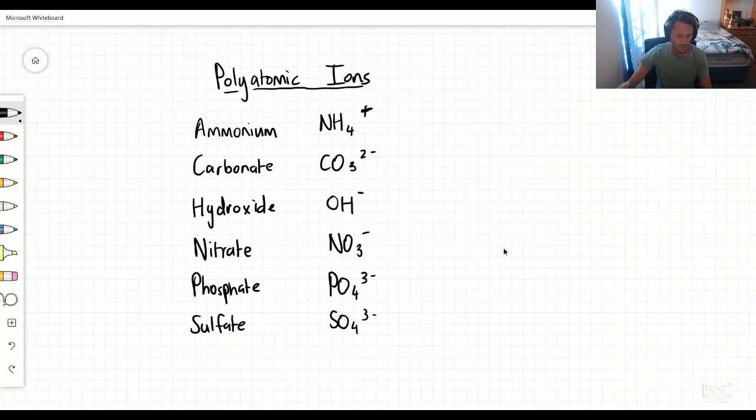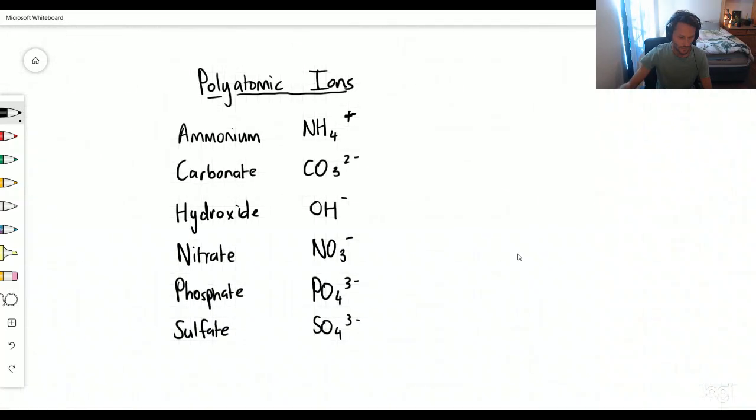Okay, so let's do an example of a chemical formula. They say, I want you to give me the chemical formula of ammonium nitride. Okay, ammonium nitride. Well, what have we got here? We've got ammonium, so what you would write is NH4+.